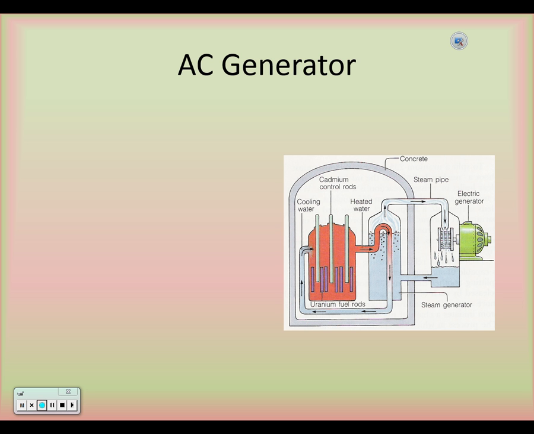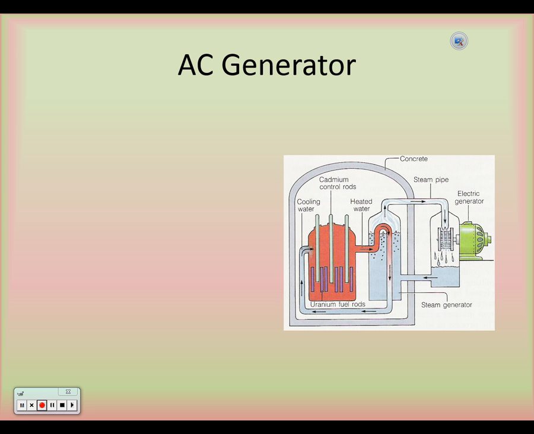On the right hand side of this picture is the electric generator. The electric generator has two parts. One, there is a big, strong magnet that surrounds it, or several magnets, that creates a strong magnetic field. And then inside the magnetic field, there is a big coil of wire.